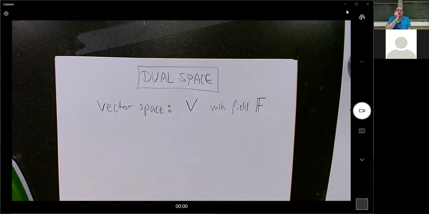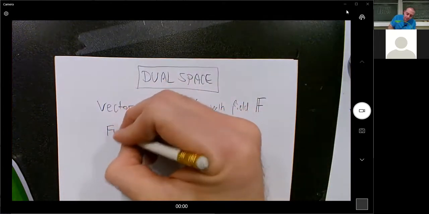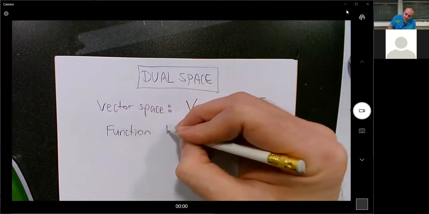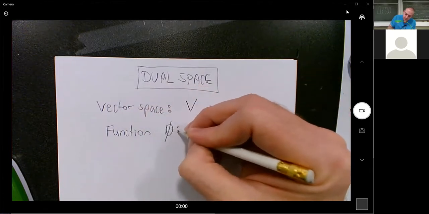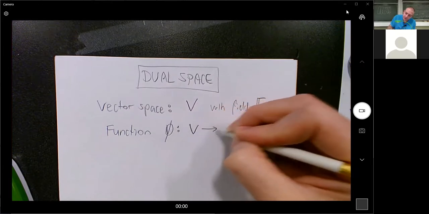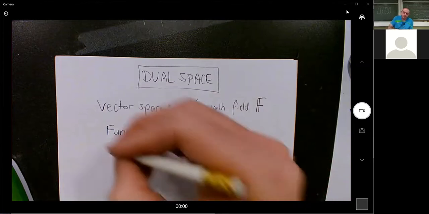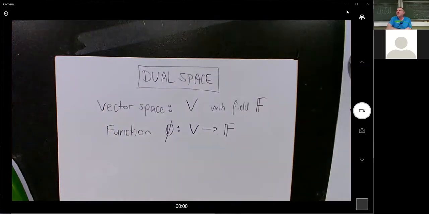Okay, cool. And you create all of the linear transformations from V to its field. And they call this a linear functional, I believe.